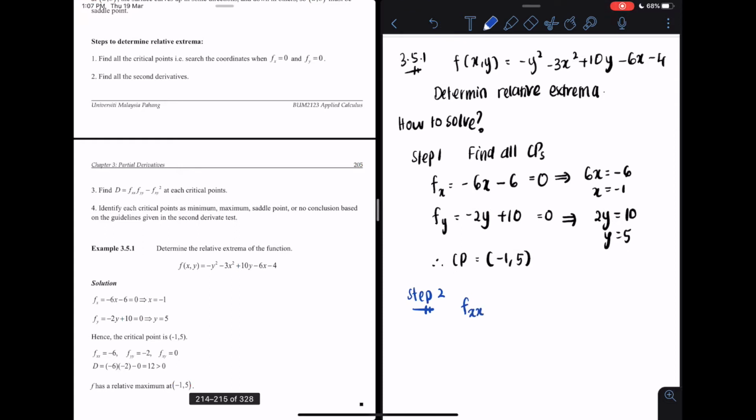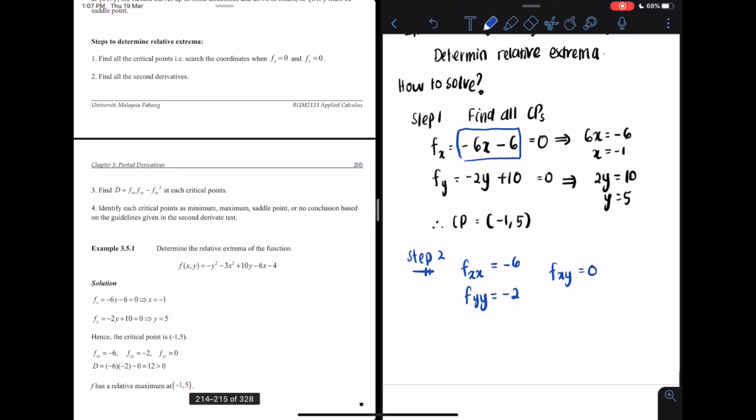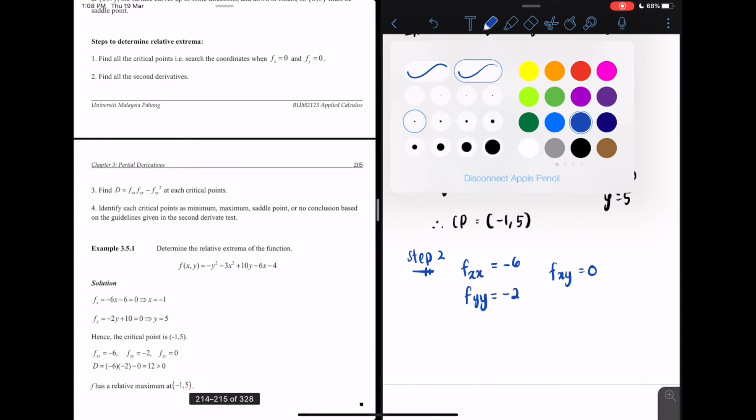So in this case, you will get fxx equal to negative 6, fyy equal to negative 2 and fxy equal to 0. fxy is equal to fyx. It will give you the same answer. And then step number 3.